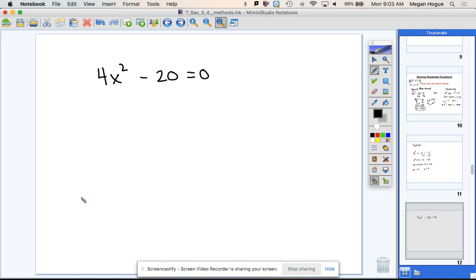Next one. 4x squared minus 20 equals 0. Chris, you think factoring or square root method? So you're really deciding whether it has an x term or not.